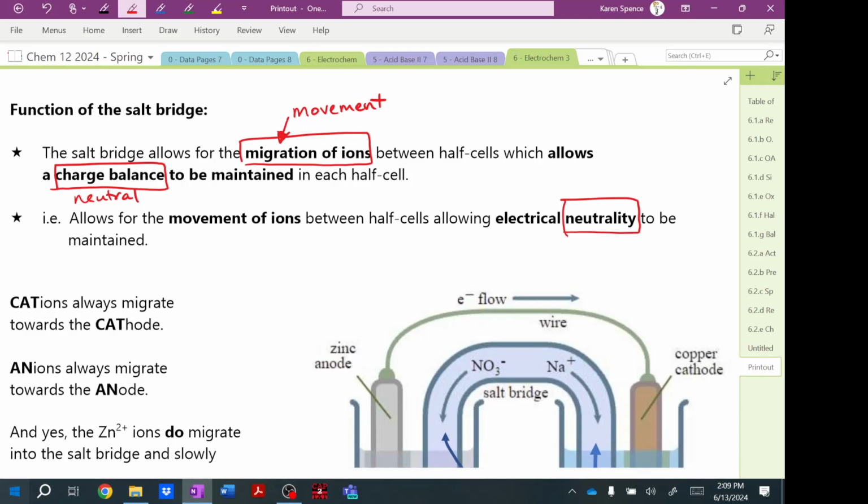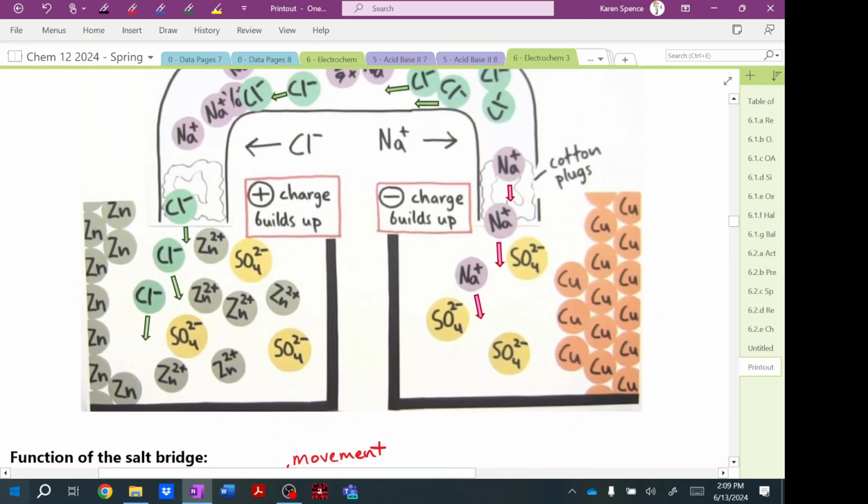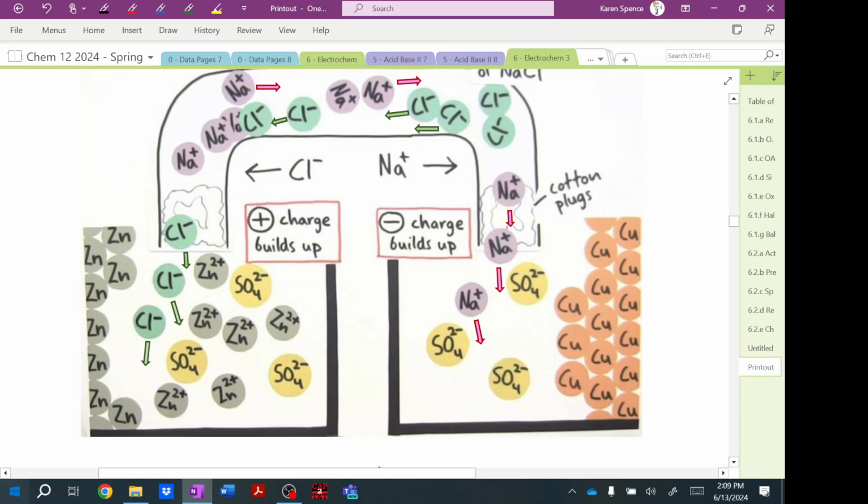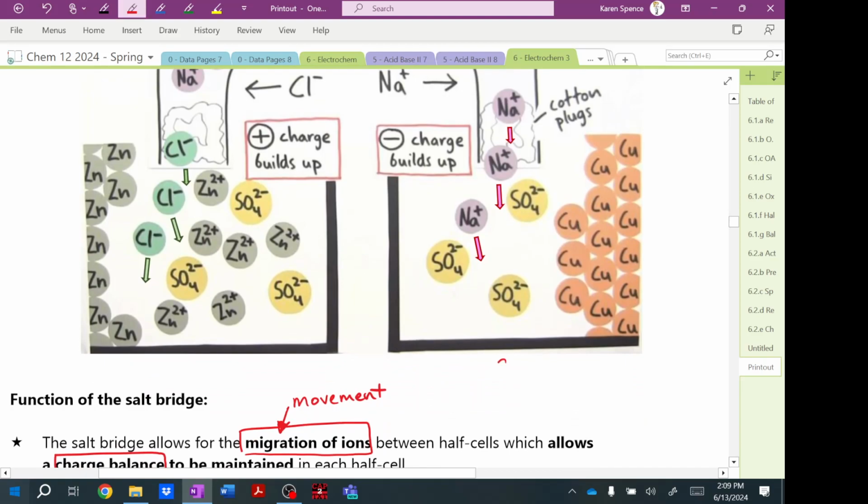Now, before we move there, let's go back up here and take a look. What process is taking place at the copper electrode? Remember, we have copper 2 plus 2 electrons goes to copper solid. What is that half reaction called?